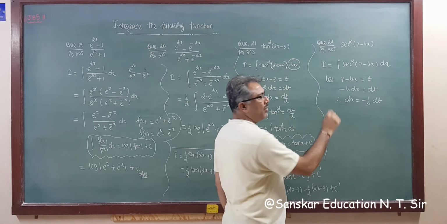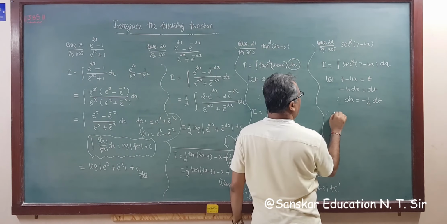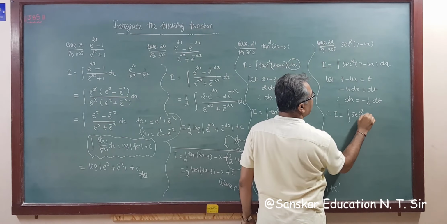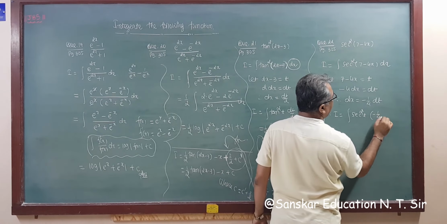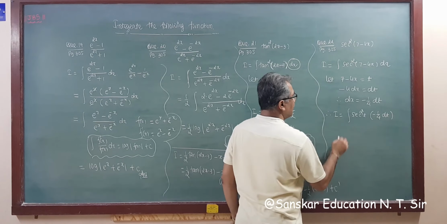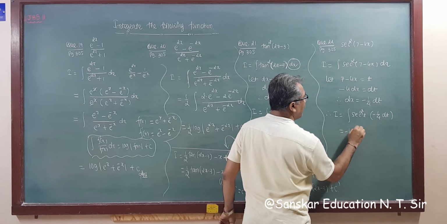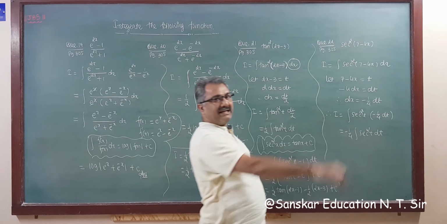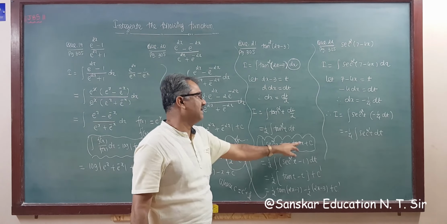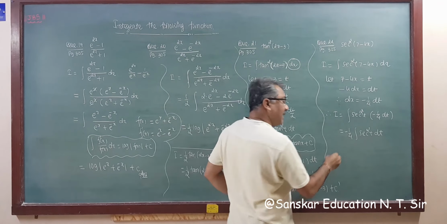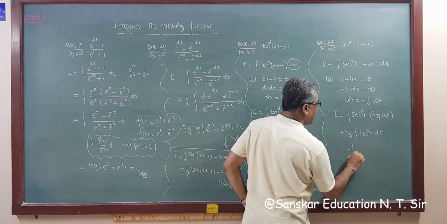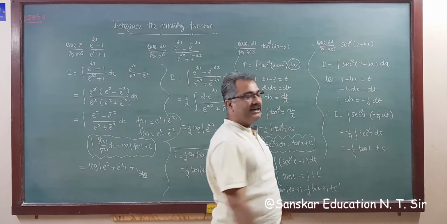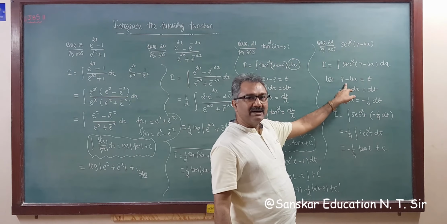So substituting all these values, what do we get? I is equal to integration of sec square t times minus 1 upon 4 dt. So this is minus 1 upon 4 integration of sec square t dt, and the integration of sec square t is tan t, not sin t. So minus 1 upon 4 tan t plus c, and what is t? 7 minus 4x.